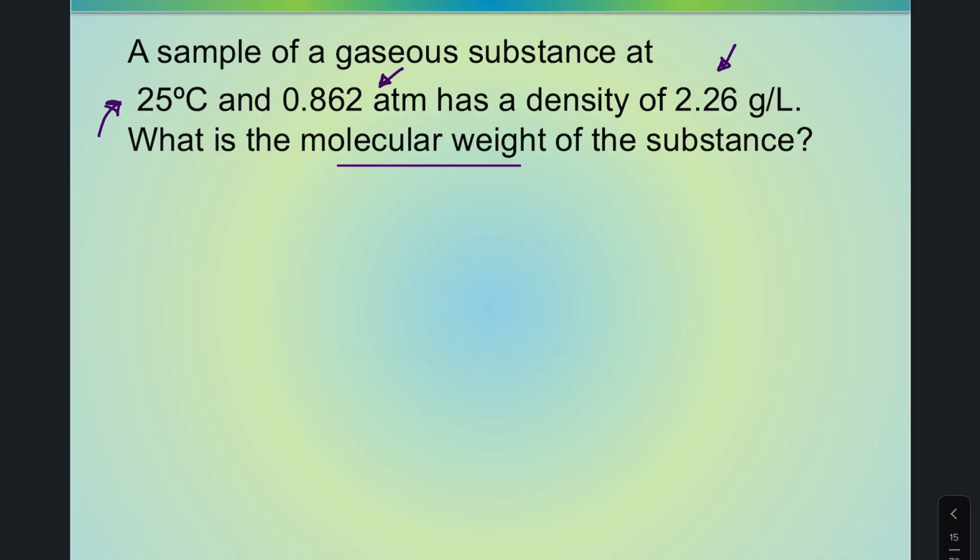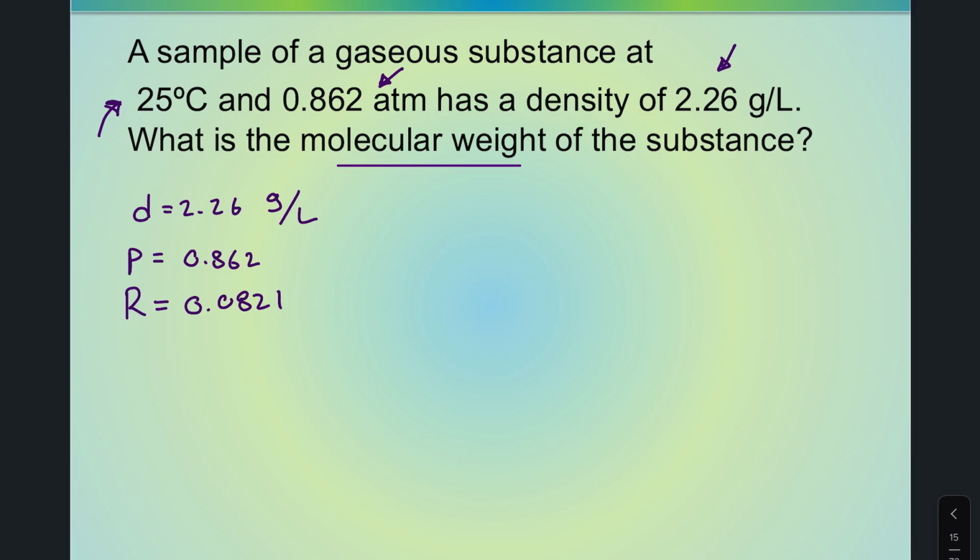Okay, so our density is 2.26, and that is going to be in grams per liter. Our pressure is going to be 0.862. And so this means that our R value, we can put that there, is going to be 0.0821.